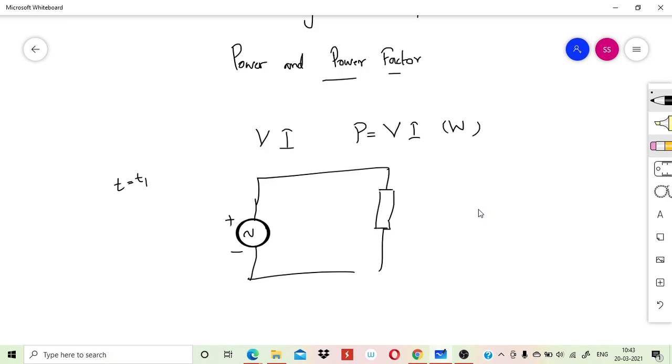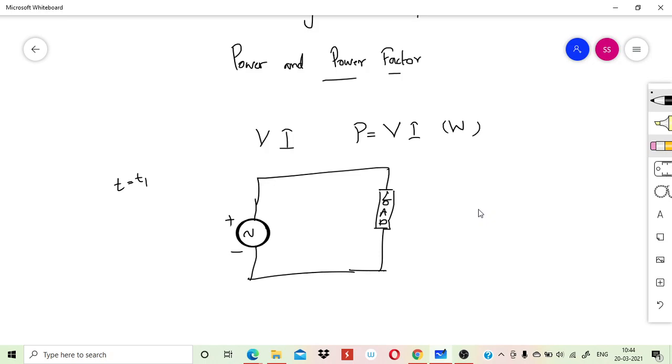The load is represented by a box. You can imagine this as your supply, and this load is any electrical apparatus in your home. So this is our AC circuit.